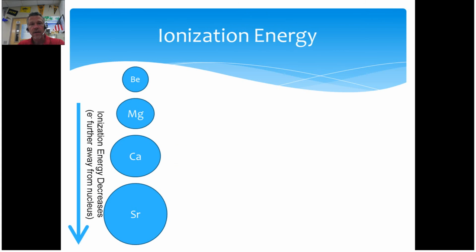The protons in the nucleus can't hold on as tightly to an electron that's really far away as they can to an electron that's really close. So the energy cost to steal an electron from strontium is much less than the energy cost to steal away an electron from beryllium, because strontium's valence electrons are so far away from the nucleus, they're easy to steal.